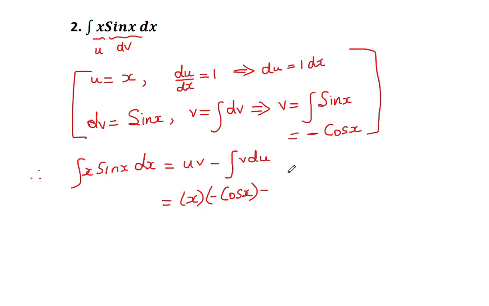and this would be minus the integral of, again, v, which is negative cosine x, which I'm going to put in brackets here, multiplied by du, where we found du earlier to simply be 1, and this is with respect to x. So by simplification, this becomes negative x cosine x.